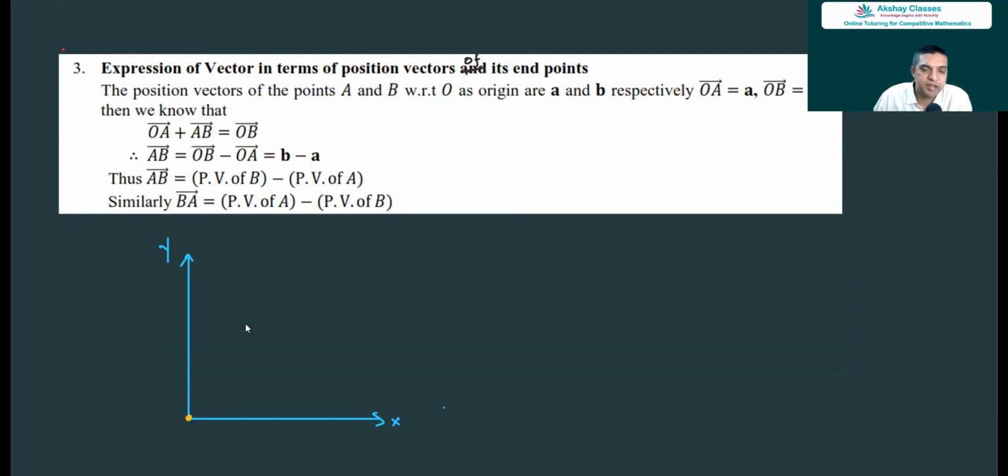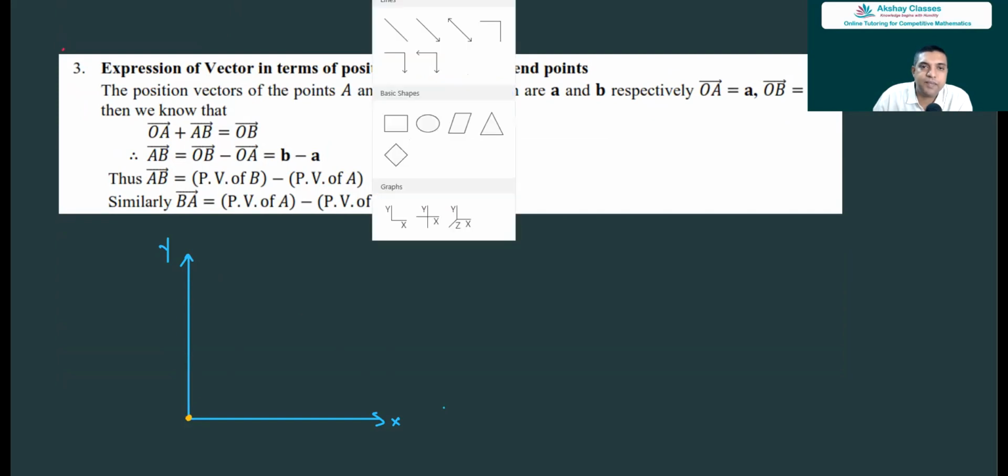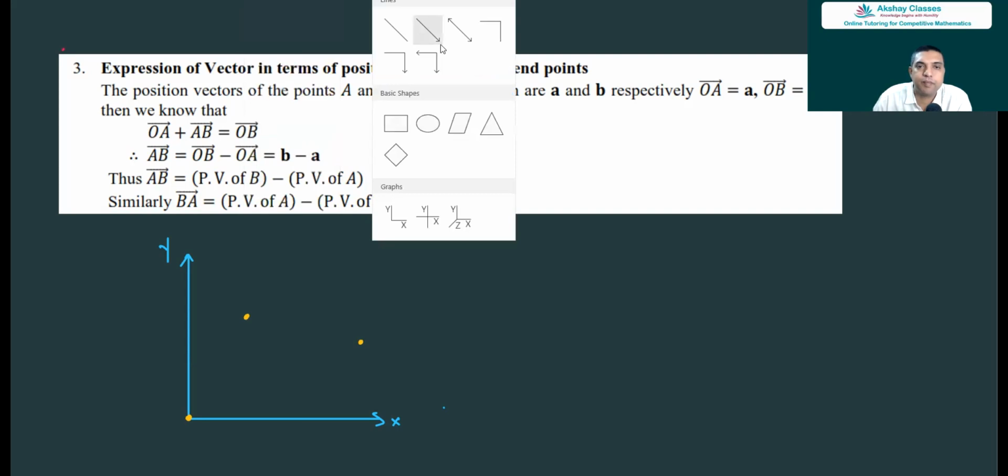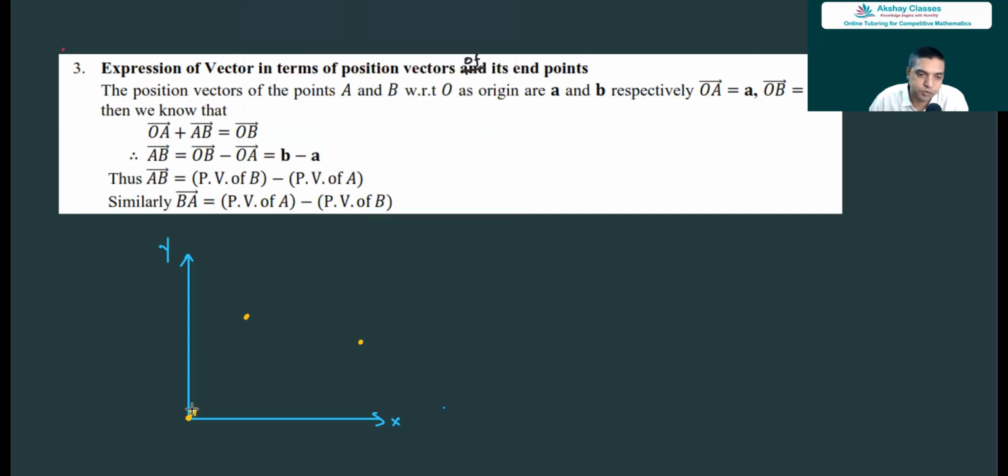Now let us say we have two points A and B. Now through this we can draw the position vector OA. This is point A. This is point B.